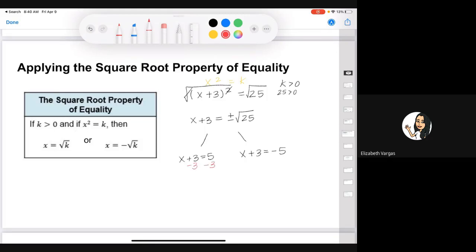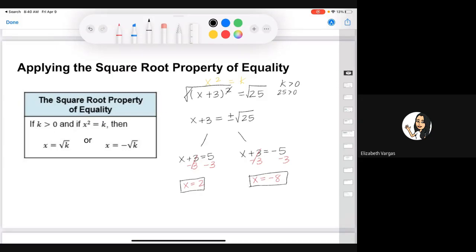Minus 3, minus 3. 5 minus 3, x is equal to 2. And x plus 3 equals negative 5, so minus 3, minus 3, x equals negative 8. So what I end up with here is two solutions for x.